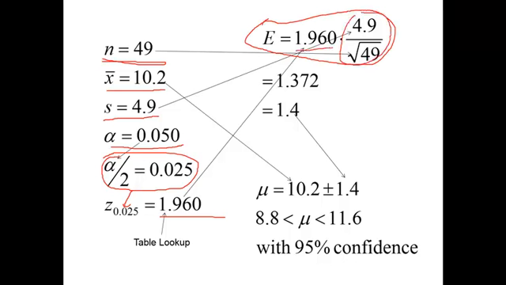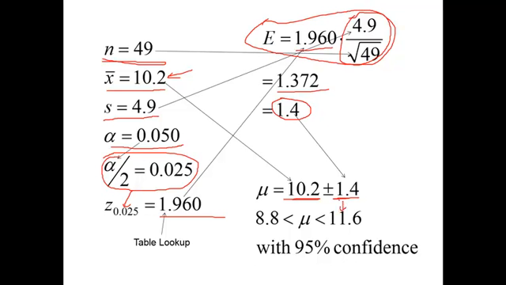Then we feed our formula for the margin of error, 1.96, our fudge factor, times our standard error, 1.372. Okay, we only got 1 decimal of accuracy here, so it's just stupid to pretend that we have more. It's not stupid, it's dishonest. So we only have 1 decimal of accuracy here, and so our initial estimate, which was the x bar, we know it's wrong, so it might be a little low, so you add 1.4 and get 11.6.